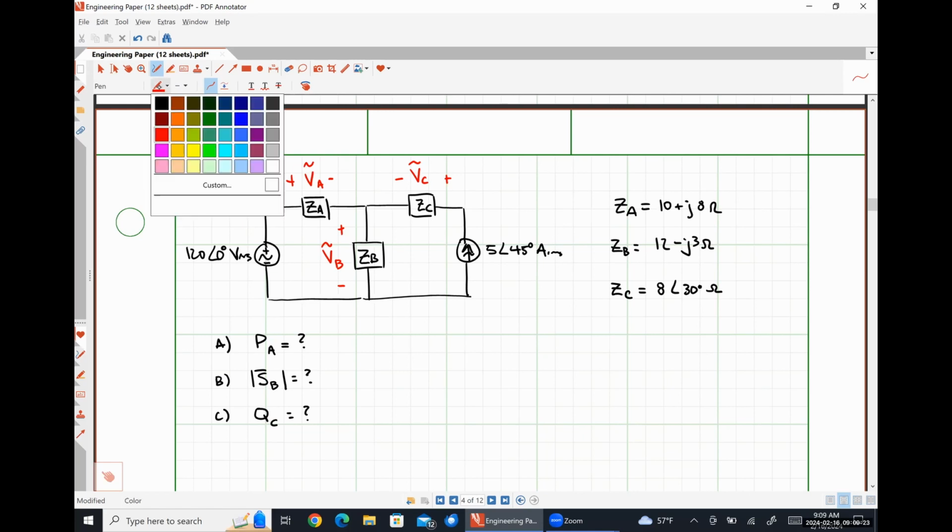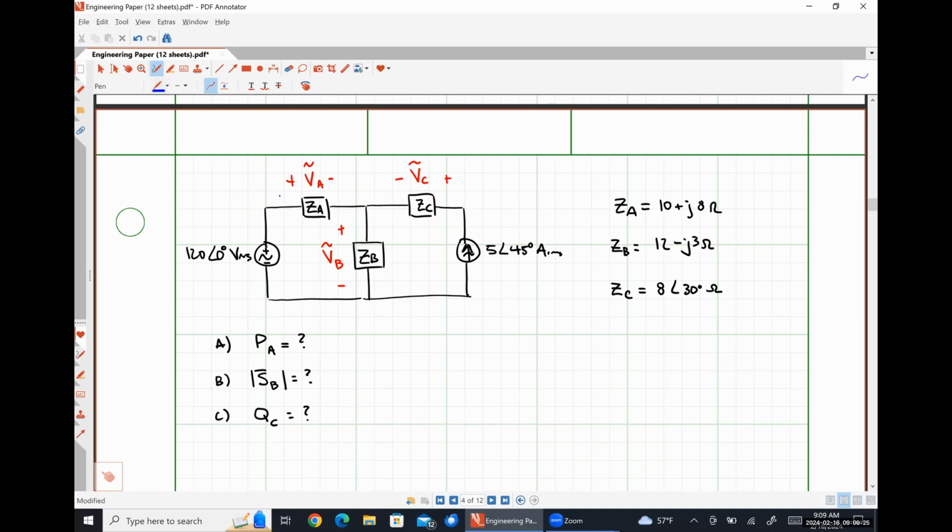Or I might need the RMS phasor current flowing through impedance ZA, the RMS phasor current flowing through impedance ZB, or the RMS phasor current flowing through impedance ZC, right?